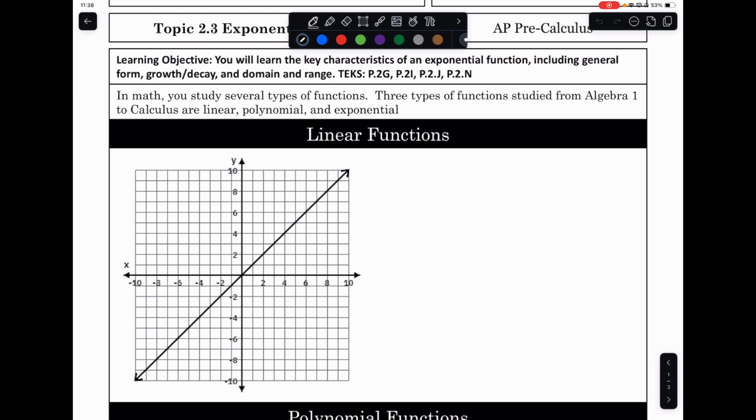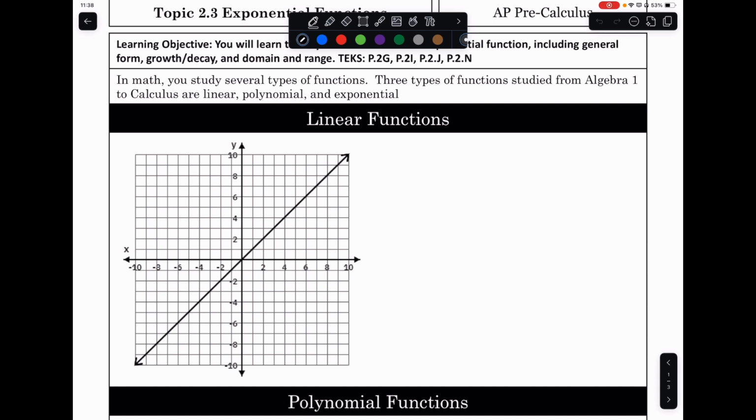So let's review the prior, linear and polynomial. A linear function is a function where the graph of the function makes a straight line.